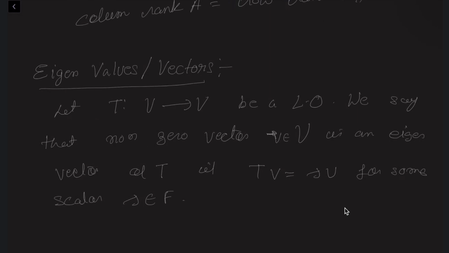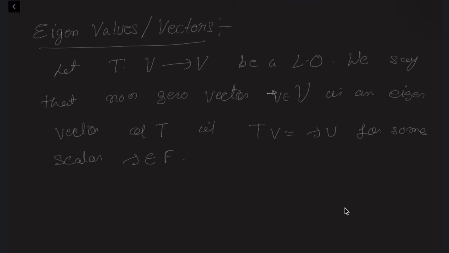So what is an eigenvector? It is nothing but a vector which is non-zero. The first criterion is that it has to be non-zero, and then it has to satisfy this equation, that is, T of v, the transformation of v, equals some constant multiple of v, that is lambda v.